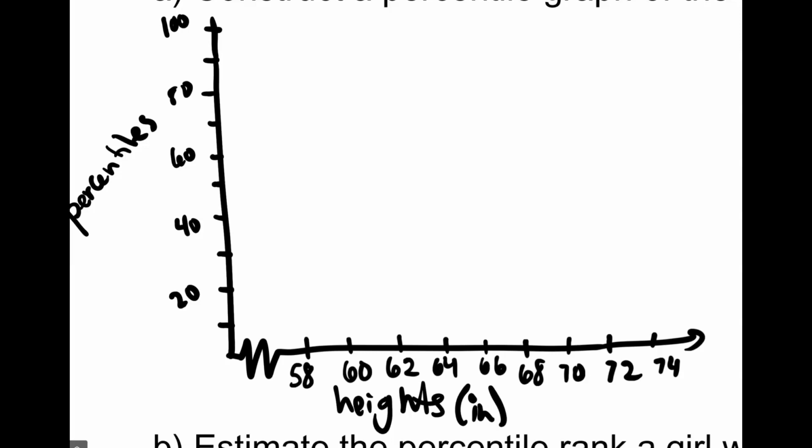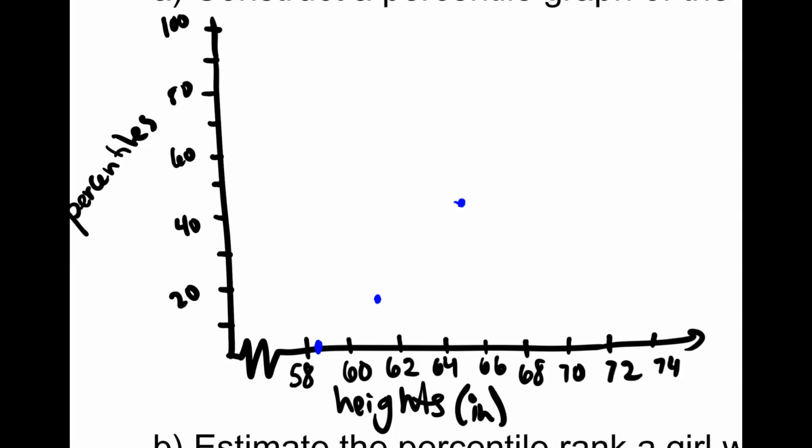So our graph, our lowest number is 58.5. That's about right here. And then at 61.5, we're at 18, which is about here. I'm just doing the boundary. 64.5, we're at 43%. That's about right there.